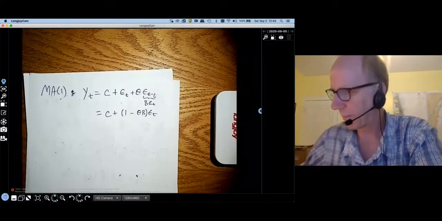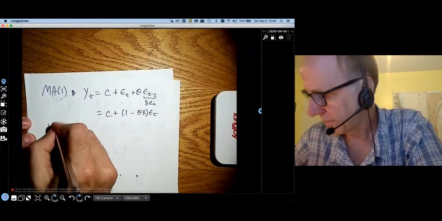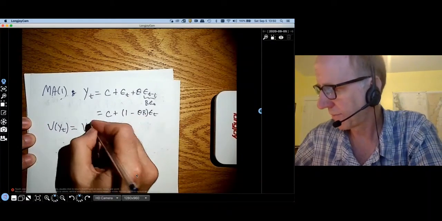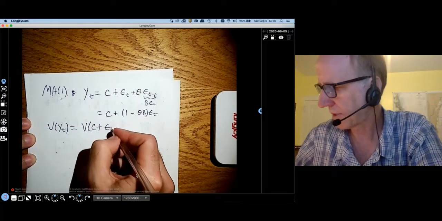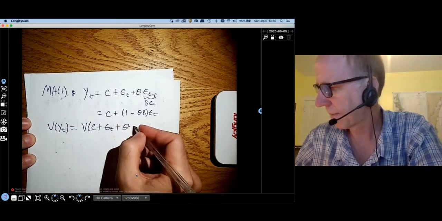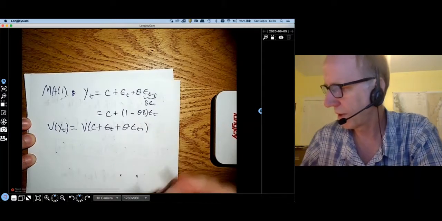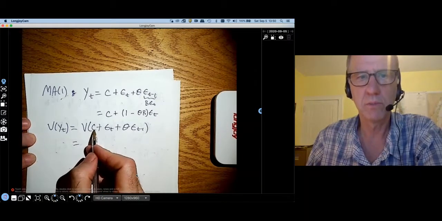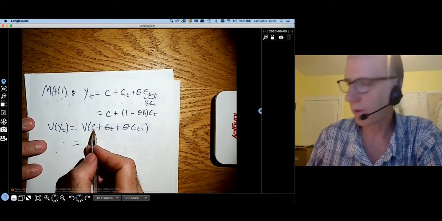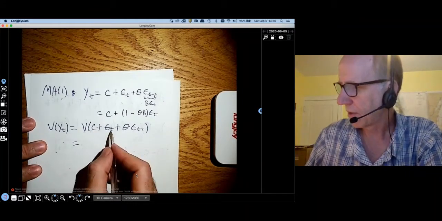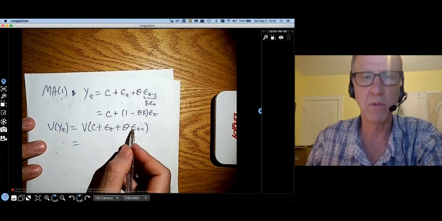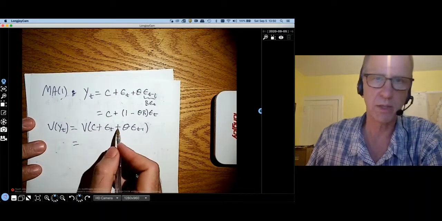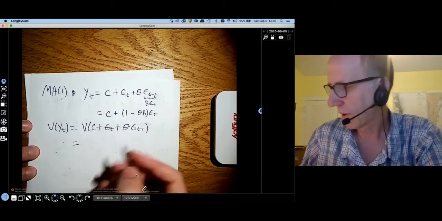Let's go write that one out. So what is the variance of y t? Well, that would just be the variance of c plus epsilon t plus theta epsilon t minus 1. Well, the variance of a constant goes away, so we don't have to worry about that. These two errors are independent of one another, so I can just distribute the variance sign across them. I don't need to worry about any covariances.